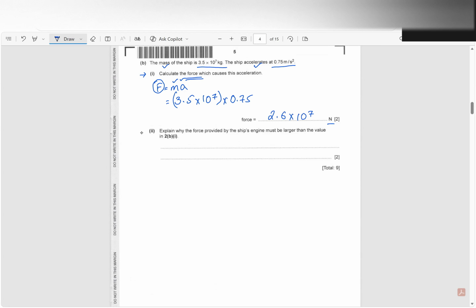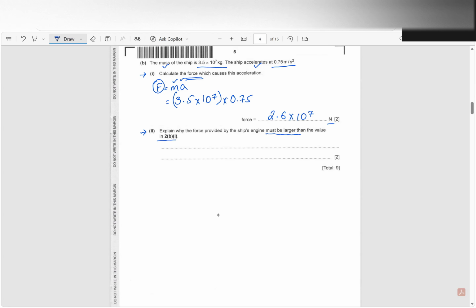So the next part is asking, explain why the force provided by the ship's engine must be larger than the value calculated in the previous part. See, in the previous part, we calculated the value of the resultant force, net force, remaining force.